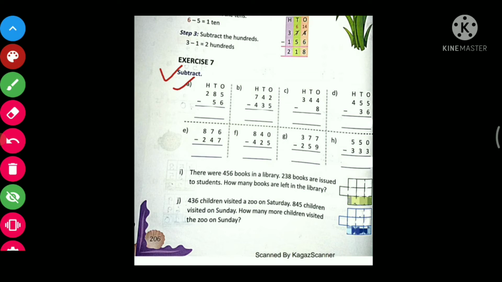So it will borrow 10 from the tens place value. So this tens place value will reduce and become 7, and the ones place will become 10 more. That means we have to add 5 with 10, it will become 15, right? Now just subtract 15 and 6. What will be our answer?